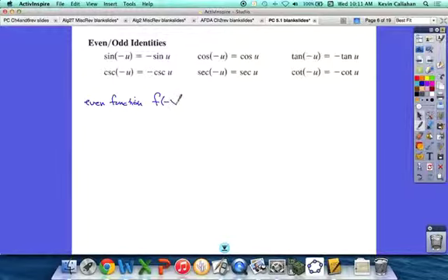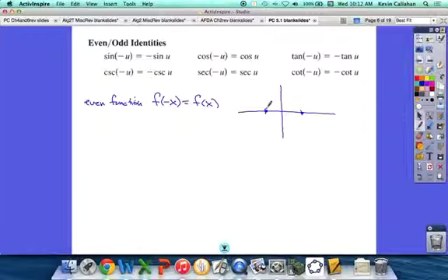f of negative x equals f of x, which means it doesn't matter if you go to the left or to the right the same distance, you're going to get the same function value.